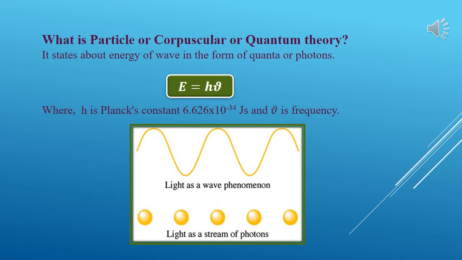The formula represents the energy of photons as E equals h nu. h is Planck's constant with the value of 6.626 times 10 to the power minus 34 joule second, and nu is representing frequency. The picture represents light as a wave phenomenon and light as a stream of photons.